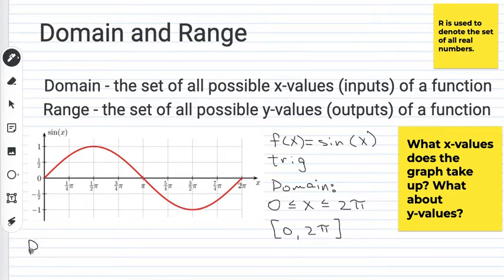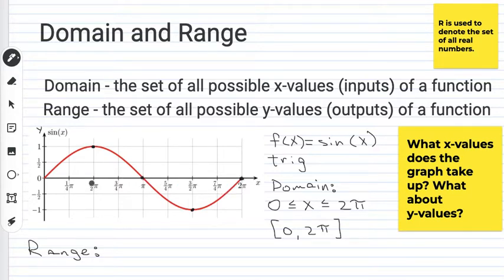Now let's look at the range. The range is going to be the set of all y values. So we're going to be asking ourselves, what y values does the graph take up? So looking at the y-axis, which is this vertical axis right here, we see that the graph starts at 0 and it goes all the way up to 1, and then it stops. And then it goes all the way back down to 0 again, right here, and then it'll go all the way down to -1, and then it'll stop, and then it'll go back up, and then it will stop at 0 right here.